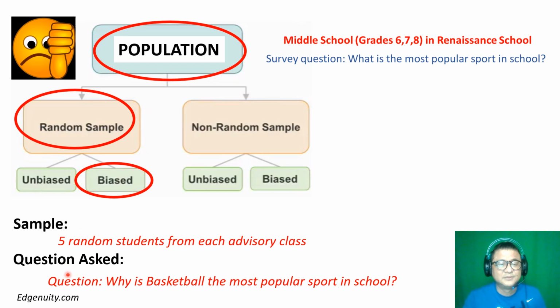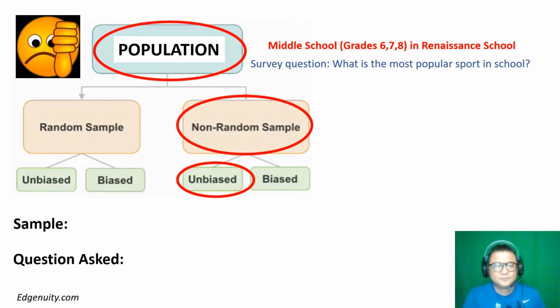Check this out. Question: why is basketball the most popular sport in school? So you were already implying basketball. Although you selected a good number of students and it's random, your question is biased. So not good. Thumbs down.